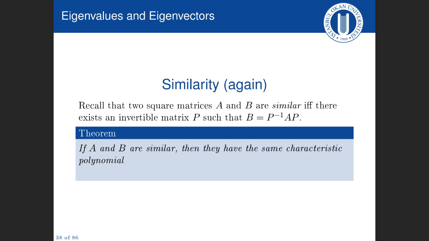Theorem: if A and B are similar, then they have the same characteristic polynomial. But wait a minute, if they have the same characteristic polynomial, then they have the same characteristic equation. And if two matrices have the same characteristic equation, then they must also have the same eigenvalues.